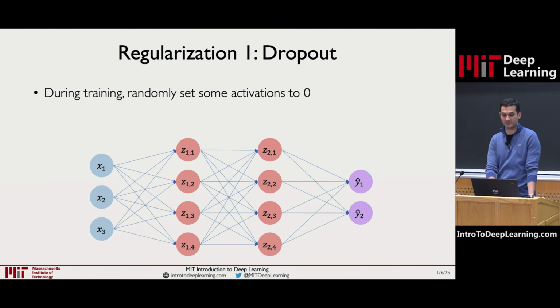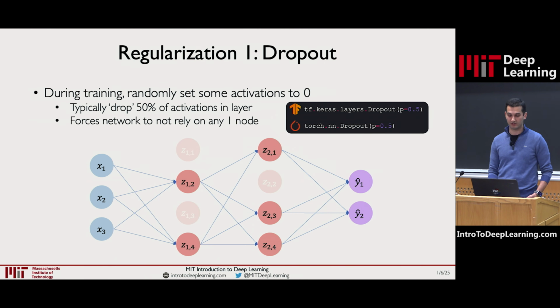So what is dropout? Let's revisit this picture of a deep neural network. In dropout, all we do is that during training, we randomly set some activations of our hidden neurons to 0 with some probability. So let's say we set dropout to 50%. That means for 50% of our neurons, we drop out the activations, or set them to 0, which forces the network to not rely so much on the outputs of any one neuron.